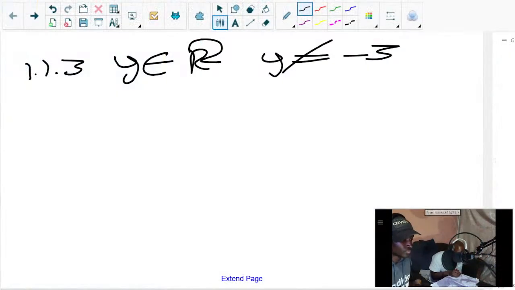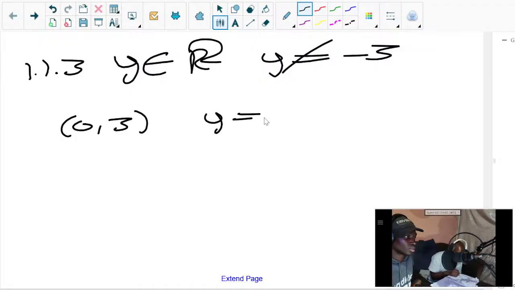So we have a point, which is (0, -3). We also have the equation, g of x, which we can write as y. So y is equivalent to 2 to the power of x plus q.